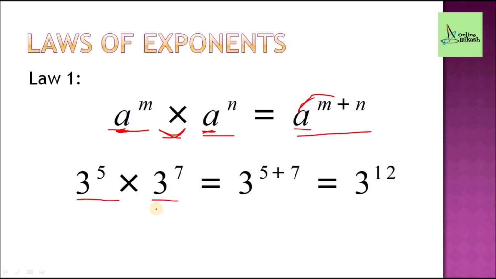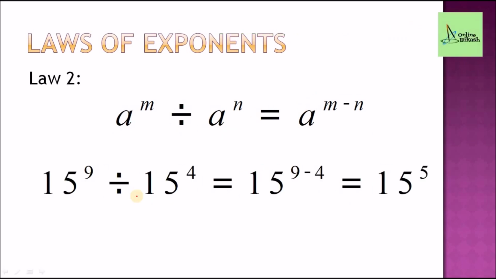So we can write 3 to the power 12. Simply put the base here and write the sum of the powers, 5 plus 7. Remember, my dear student, this only happens when there is a multiplication sign. Never get confused here.